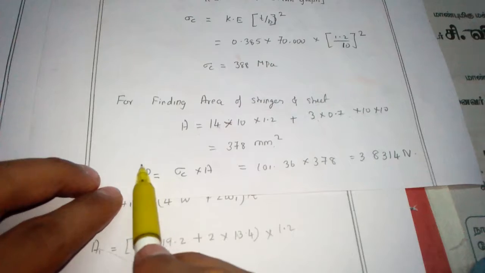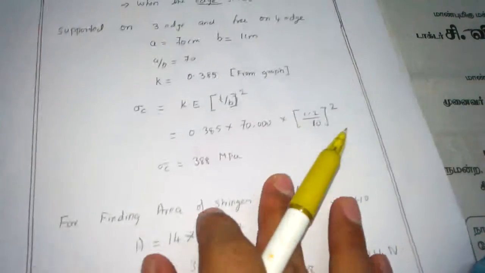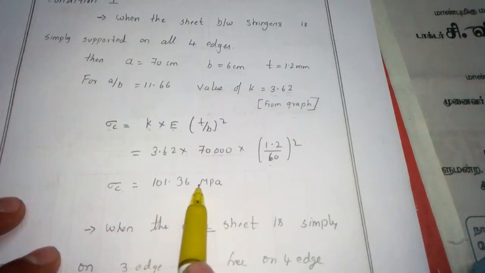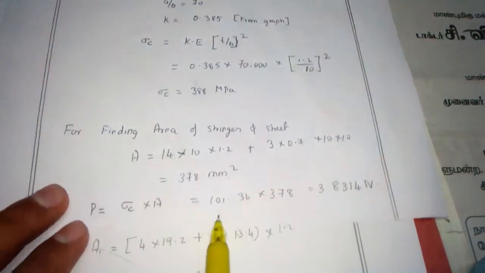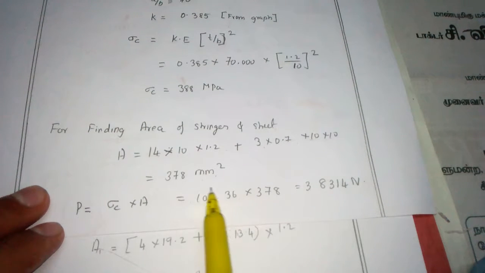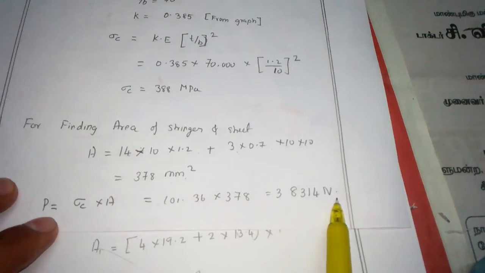So the compression load is sigma C times A. Sigma C we found to be 101.36. Substituting 101.36 into area 378, we get 38314 Newton.